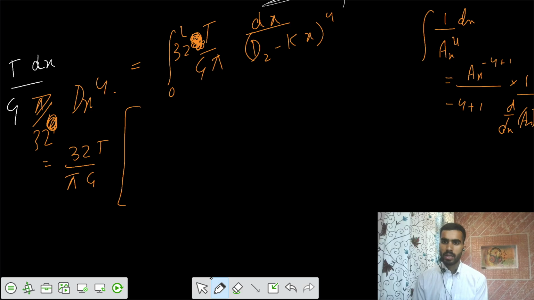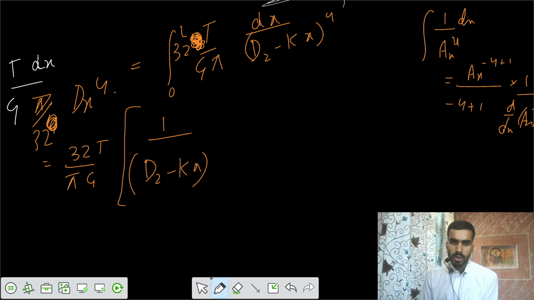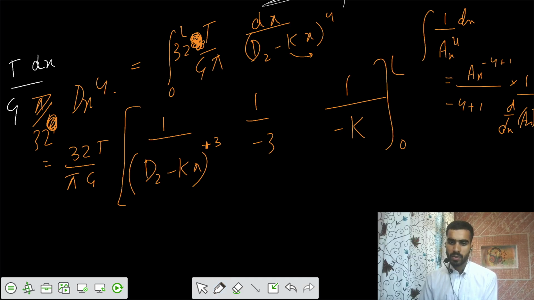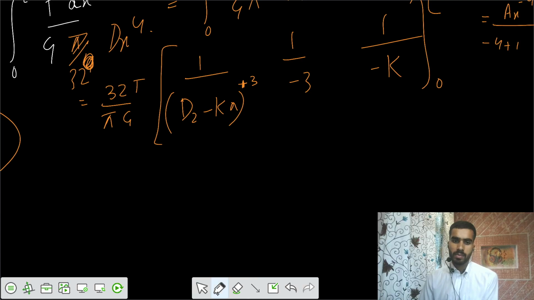So that's your integration of that function. So you have 1 by 3 of (D2 minus kx) power minus 4 plus 1, that's minus 3, finally it becomes plus 3 downwards. Then you have a factor of minus 3 and the internal differentiation of D2 minus kx, which equals minus k, from 0 to L. So this is your integration of this part.